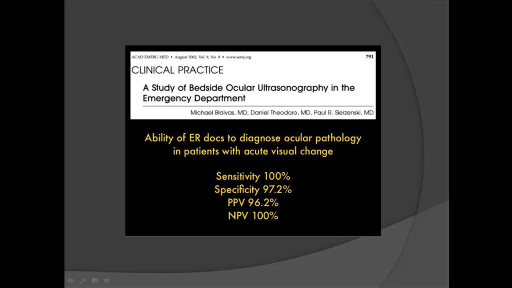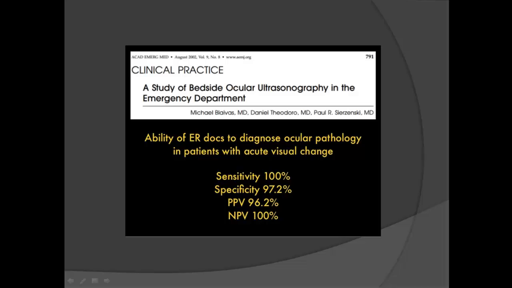A study was done in 2002, bedside ultrasound for ocular pathologies in the emergency department, to look into the ability of emergency medicine doctors to diagnose ocular pathology. It showed a sensitivity of 100%, specificity of 97.2%, and some really good positive and negative predictive values.